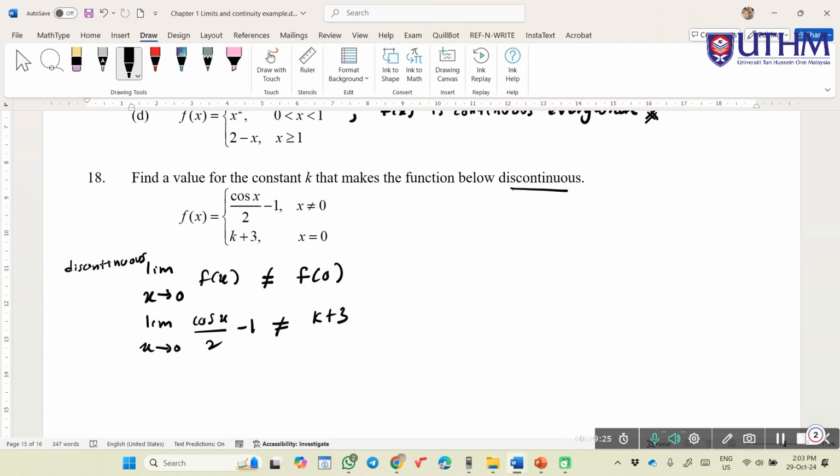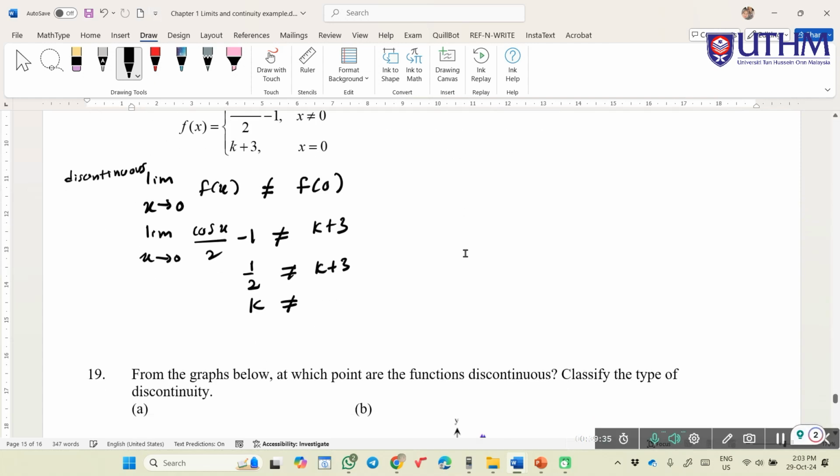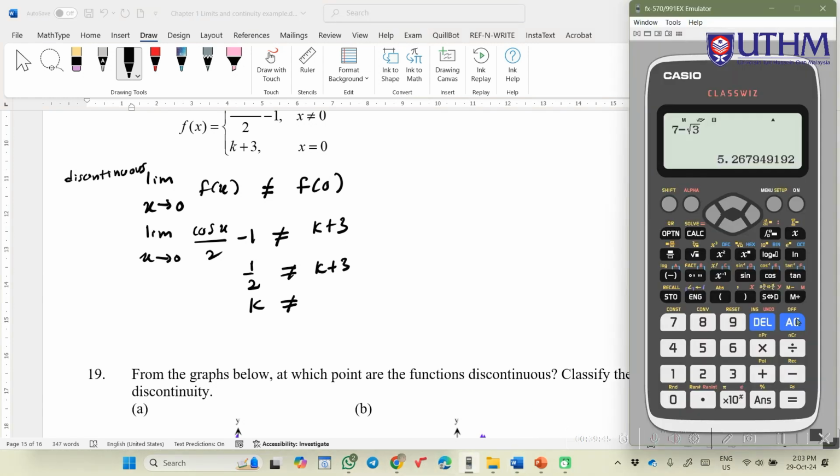So 1 over 2 is not equal to k plus 3. Therefore, the function is discontinuous when k is not equal to 1 over 2 minus 3, or negative 5 over 2.